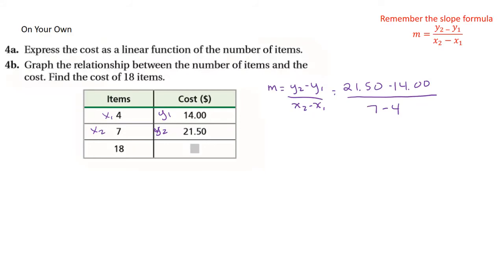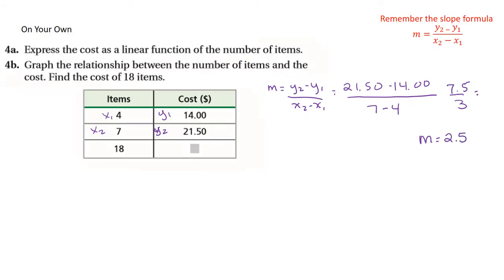So 21.50 minus 14 equals 7.5. 7.5 divided by 3 equals 2.5. So our slope m equals 2.5.